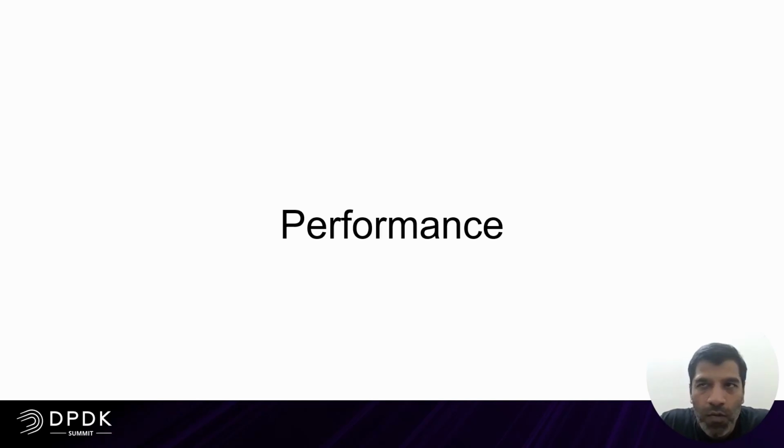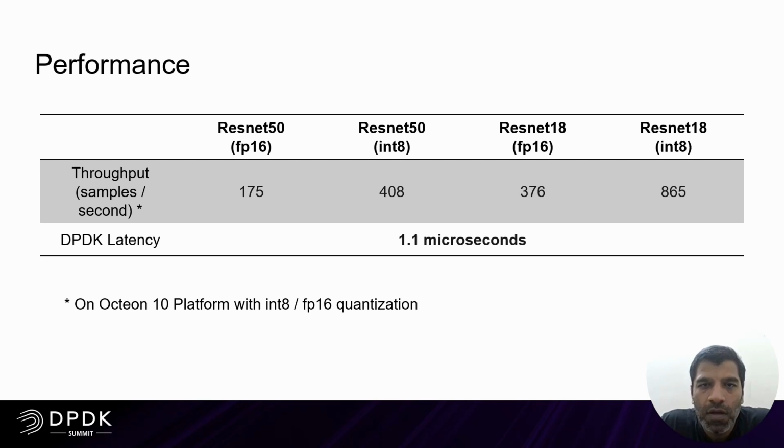I would like to quickly talk about the performance observations that we have made with the current implementation. As part of testing the library and the driver that we have implemented, we have tried inference operations with various models that are available in the public domain. In this slide, I want to mention the performance of ResNet 50 and ResNet 18 models that we have observed.